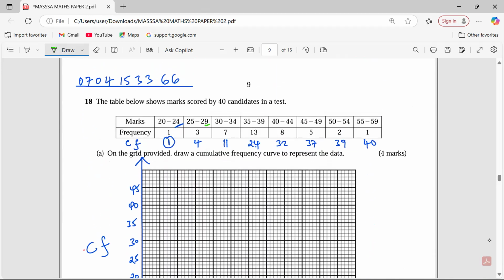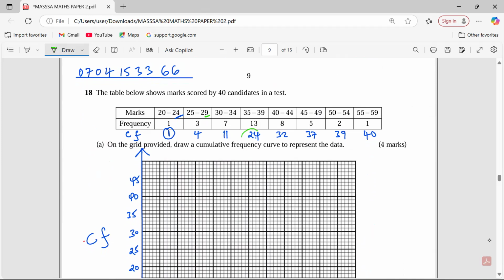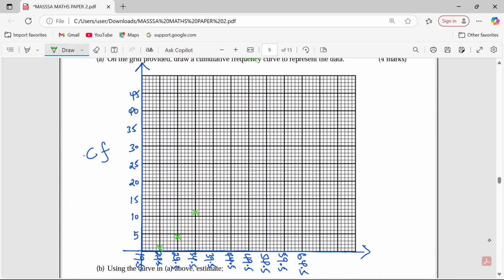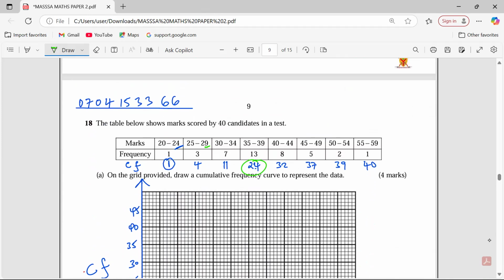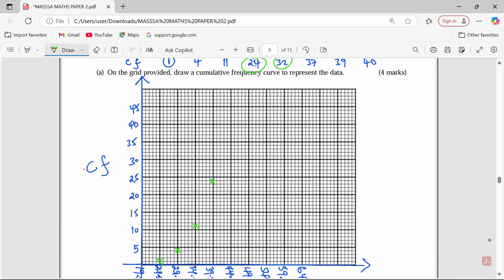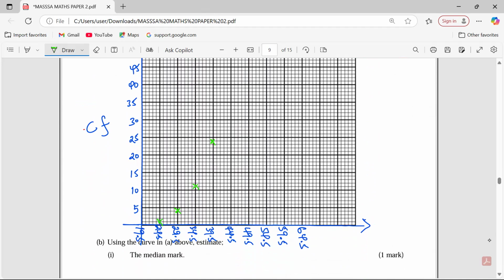Then after 11, we go to 24, just below 25. After 24, we have 32. 30, 31, 32 is here.